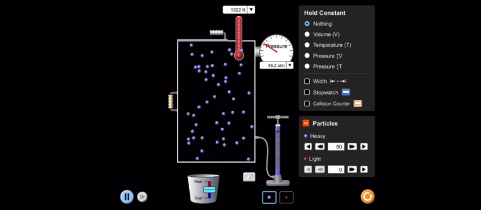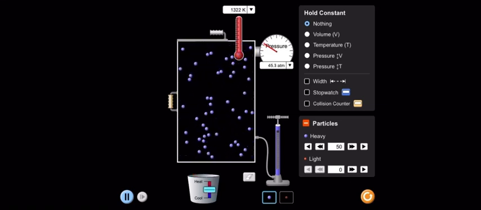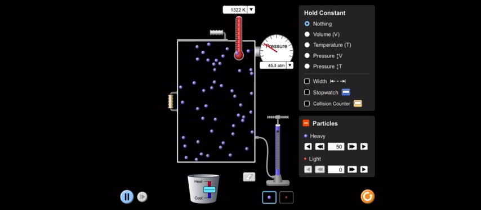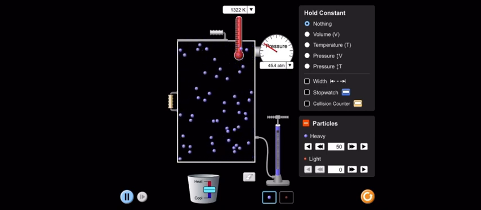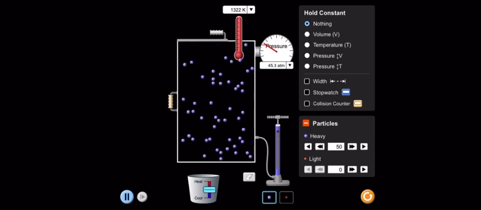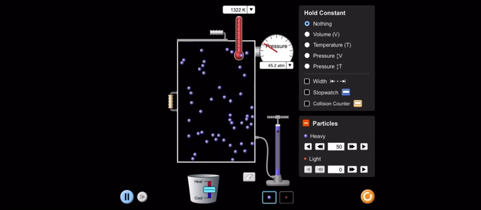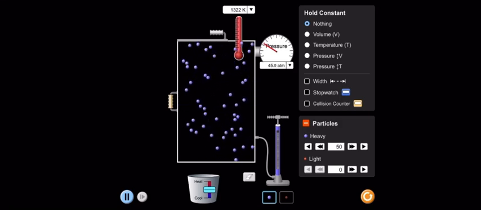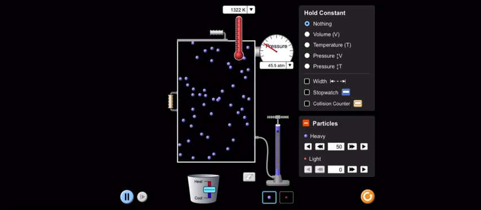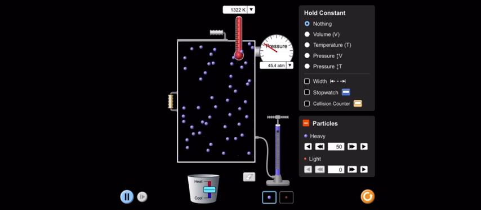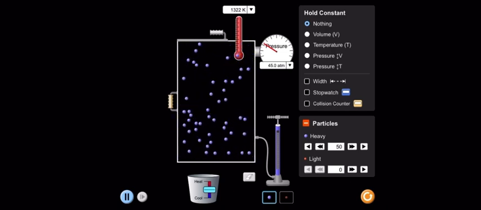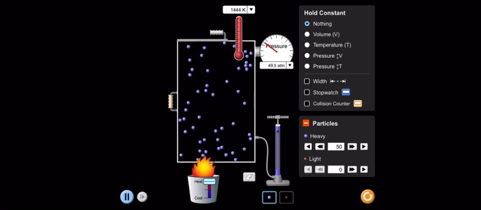As you can see, guys, compared to the last minute, these particles are moving really fast, which shows that their temperature is higher. And since their temperature is higher, their average kinetic energy is much higher and more energy is stored inside them. So they are going to apply more pressure on the wall of the container. Therefore, the pressure increases. So let me continue heating it.